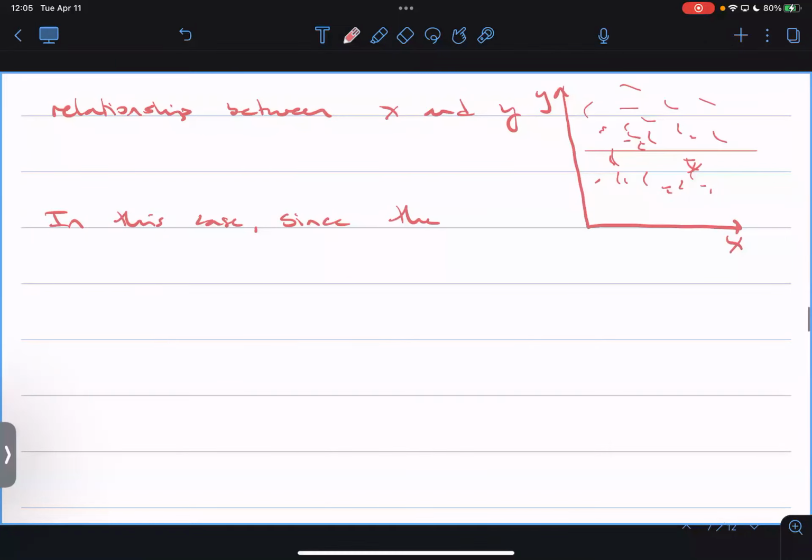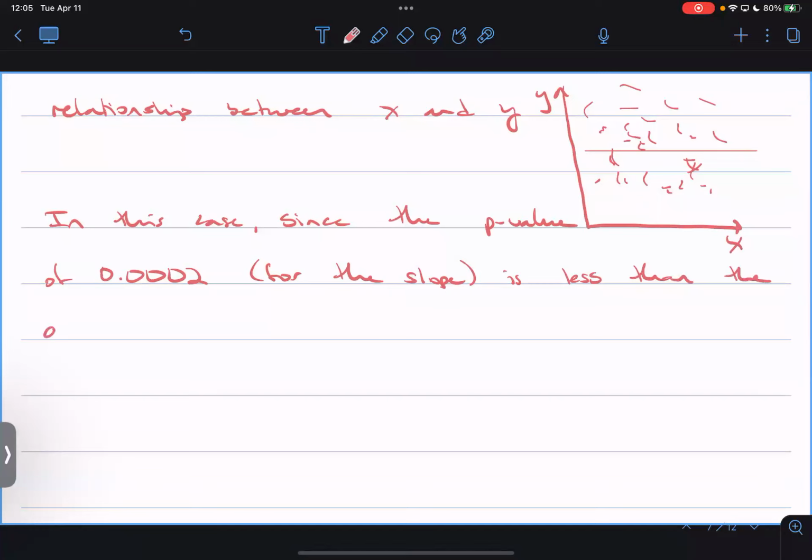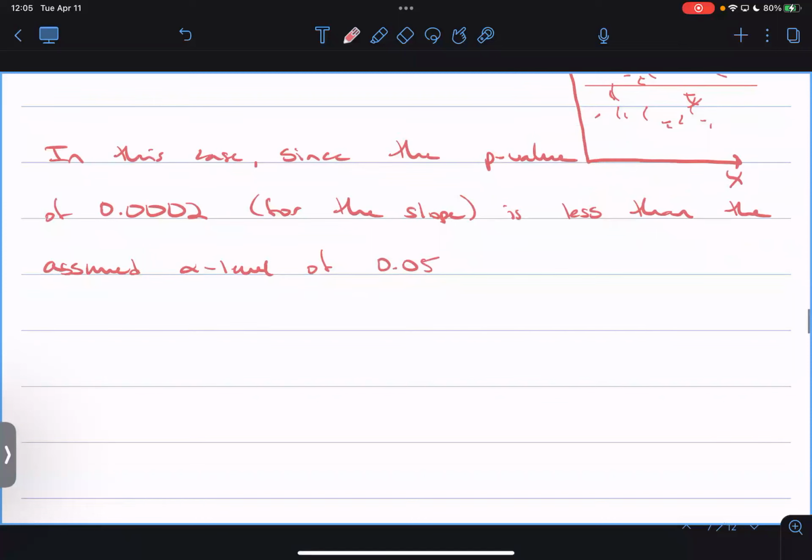Since the p-value of 0.0002, right, for the slope is less than the assumed alpha level of 0.05, we have enough evidence to reject H naught in favor of HA.